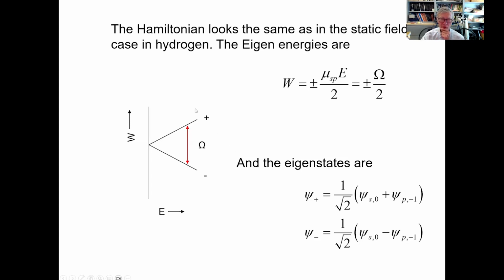Omega is the splitting between the two. The eigenstates are then these combinations of NS, 0 and NP, minus 1, plus or minus. It's essentially identical to what we did in a static field for hydrogen.